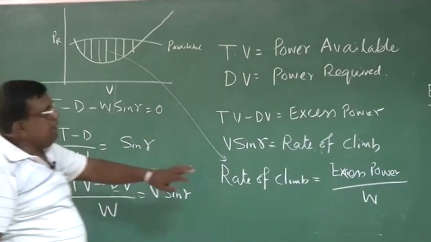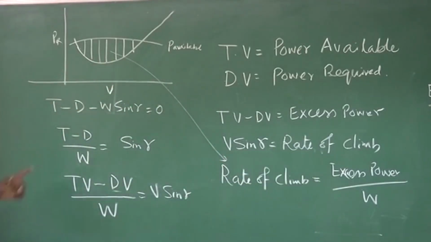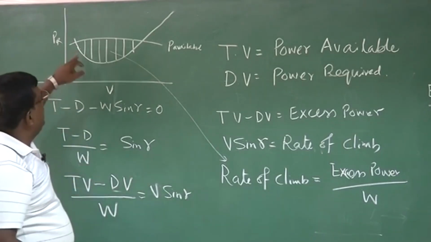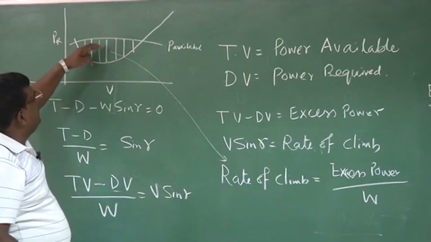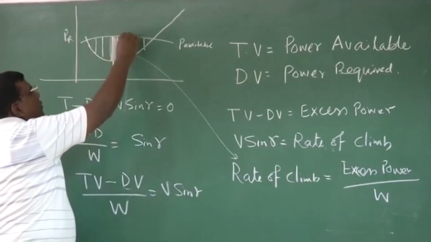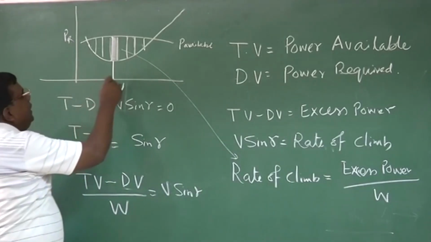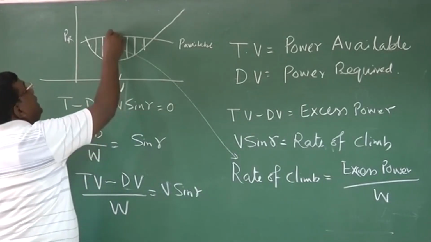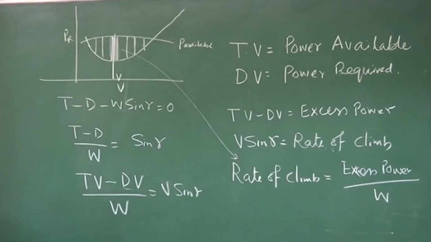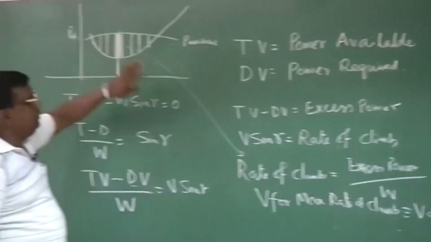So now, understanding this diagram, can you answer a question: at what speed should I fly to get maximum rate of climb? You could see here, the excess power goes on increasing and comes to a maximum value here, and then again goes on decreasing. And we know rate of climb is linked to excess power. So I know that V, where the excess power is maximum, is that speed I should fly to get maximum rate of climb. So could you understand the linking of excess power to rate of climb?